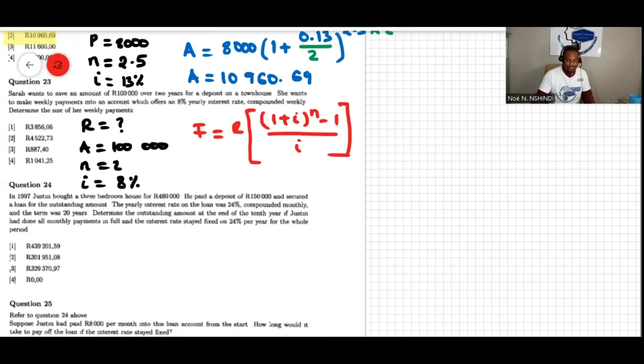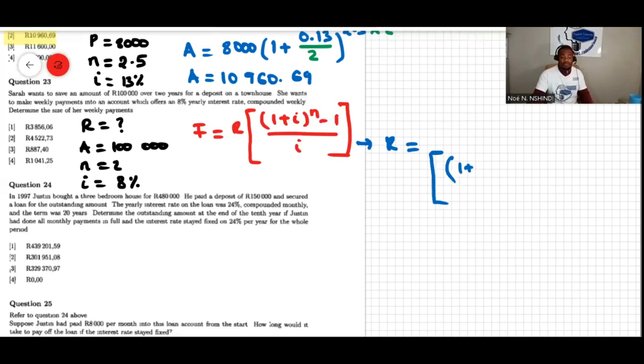Now we can solve this. I need to get R, because I'm looking for R here. Because it's a product, R times this, I can just move that part to the left-hand side. So this implies that R will be equal to, in the denominator, 1 plus i.